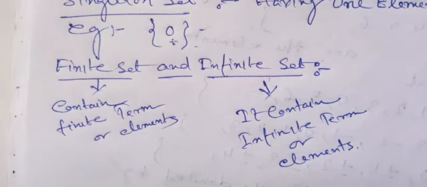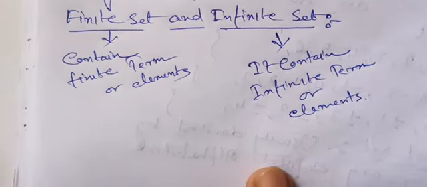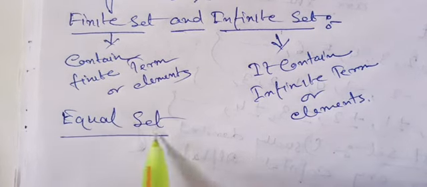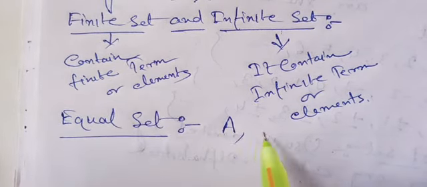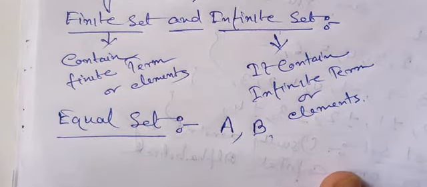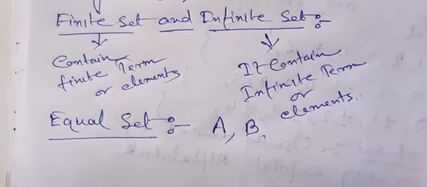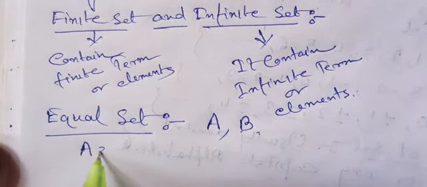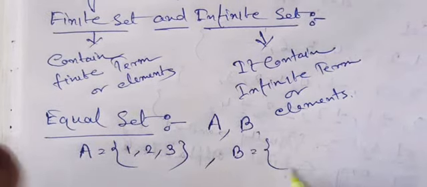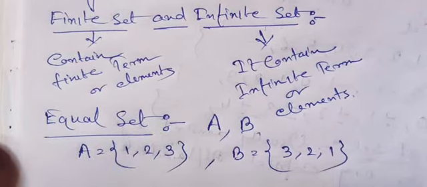Next, equal sets. Two sets A and B are said to be equal if every element of A is in B and every element of B is in A. Suppose we take A equal to {1, 2, 3} and B equal to {3, 2, 1}.